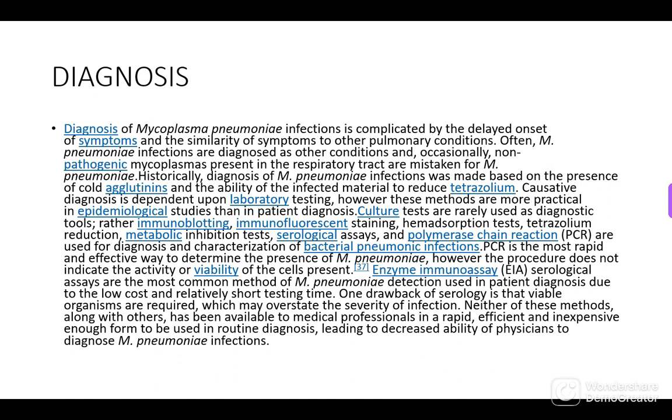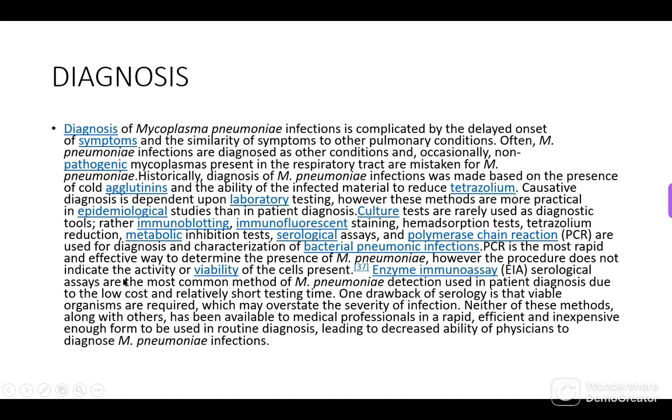The hemadsorption test, not available in Pakistan, and what is called the tetrazolium reduction, metabolic inhibition test. Serological assays, PCRs are used for diagnosis and characterization of the bacterial pneumonia infection.